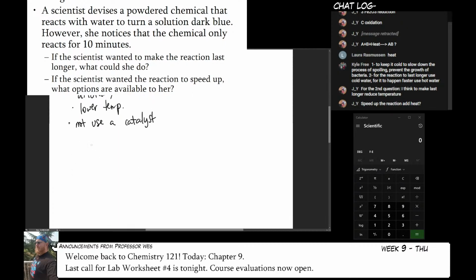Finally, if we wanted to make the reaction faster, we could do the opposite of these things. We could grind the substance into a powder. It's already a powder, so we'll say it's more fine.